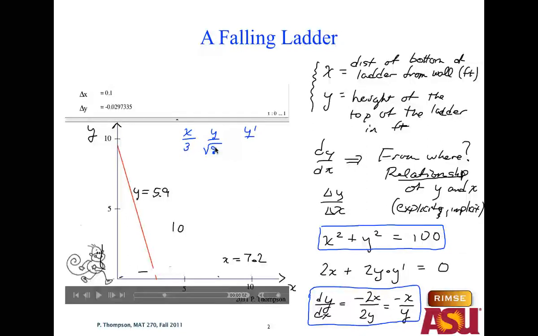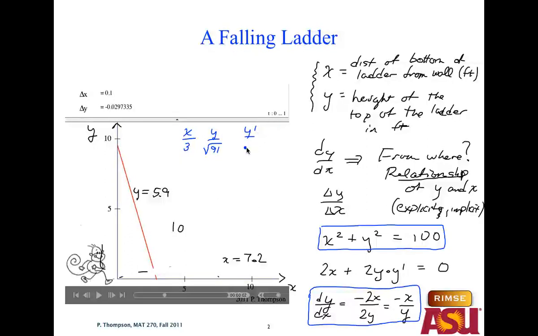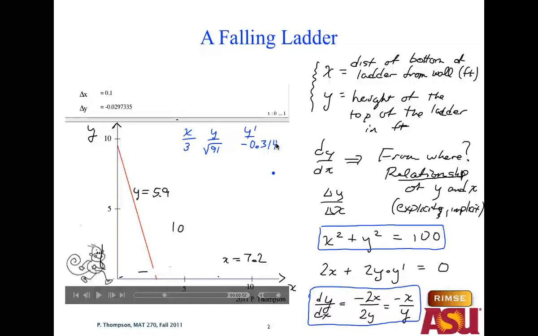Yeah. And anyone get what the rate of change is then at this moment? Negative... 0 point... Find it. So did you guys find it? Find the rate of change of y with respect to x at this moment. As soon as you get it, shout it out. 314. Someone else get that? As an approximation?